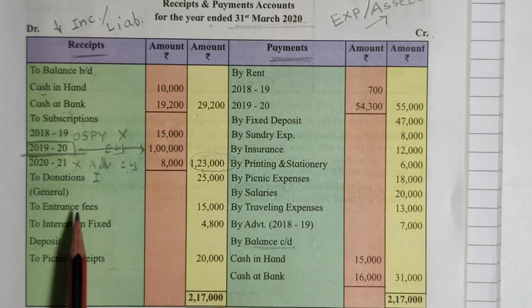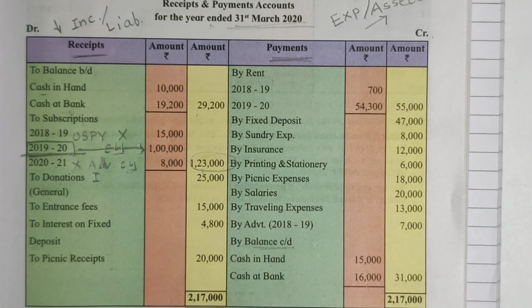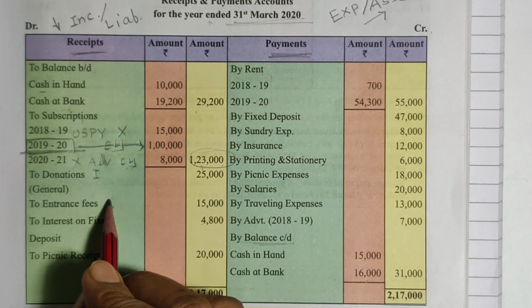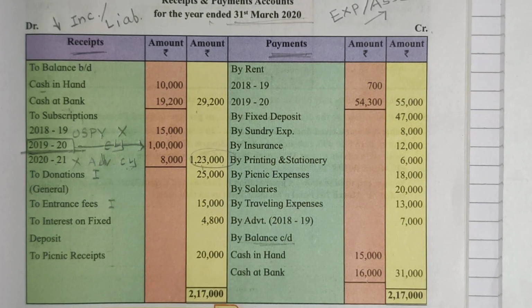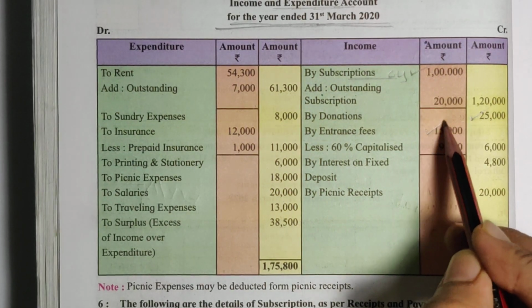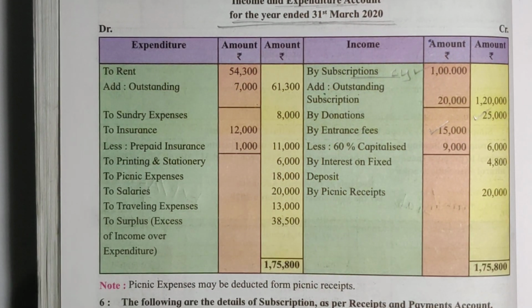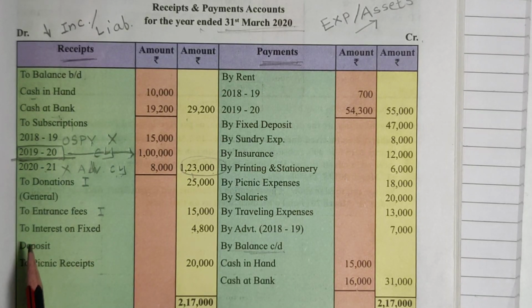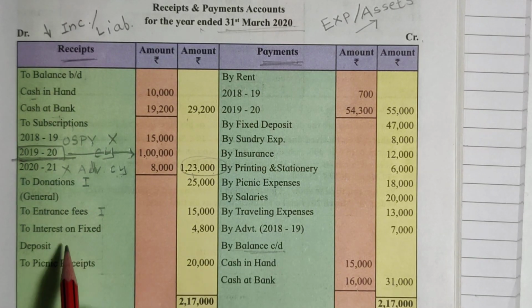Next item is entrance fees, which is to be treated as income. By entrance fees, rupees 15,000. Next item is interest on fixed deposit income.